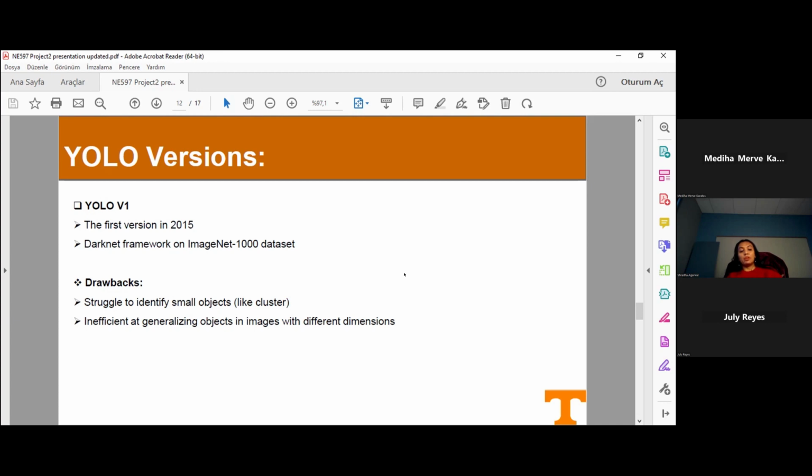Then they introduced the concept of anchor boxes. Anchor boxes are predefined boxes that you give, on the basis of k-means clustering. So you define the sizes. For example, in our case, we will have a lot of voids and bubbles, so we will define some kind of anchor boxes.